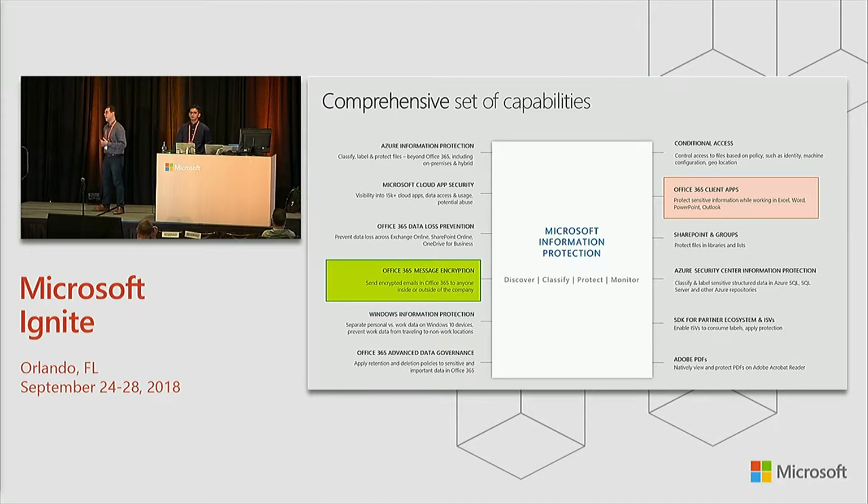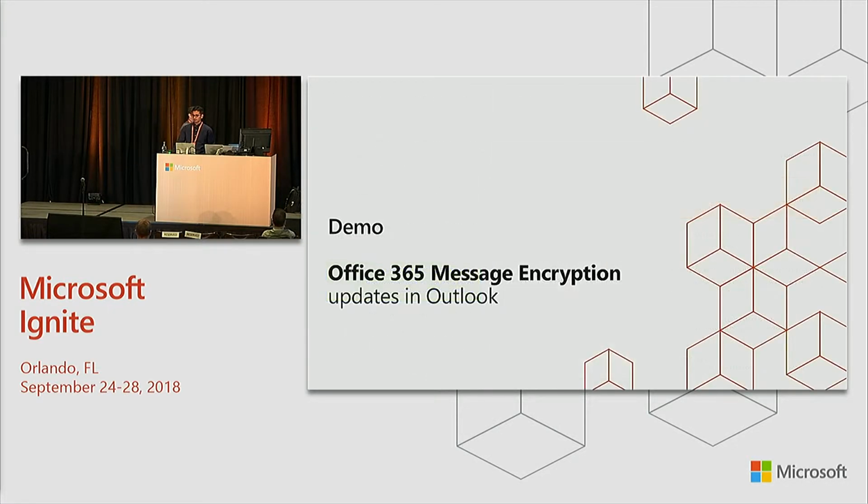That doesn't require complex deployment, configuration, PKI, generating certificates, things like this that you might be familiar with if you know about S/MIME or PGP. Office 365 message encryption is just part of the suite. It's just a feature that's there, and it works with little to no configuration. So I'll get started today talking about how we are building this into the Office 365 suite of applications, focusing on Outlook.